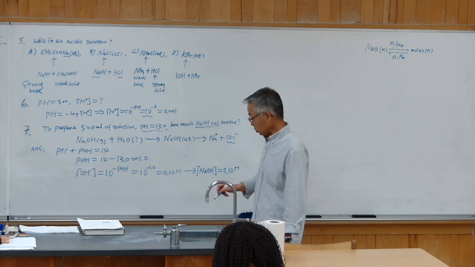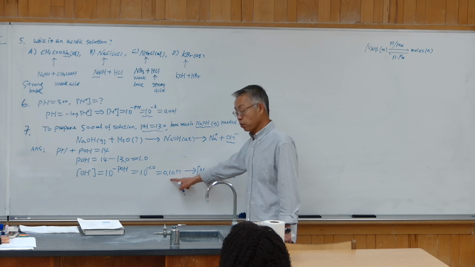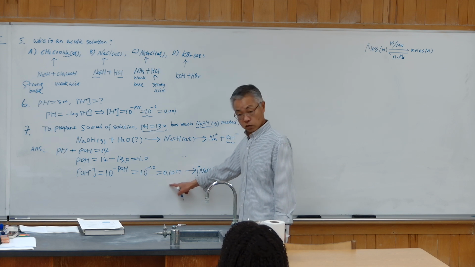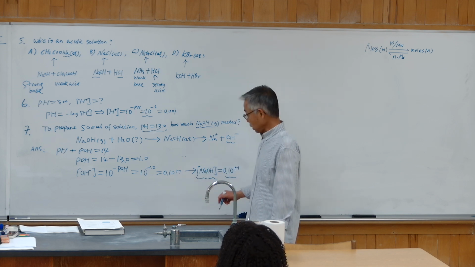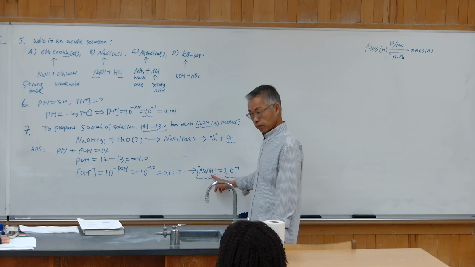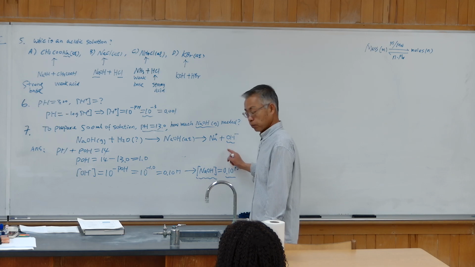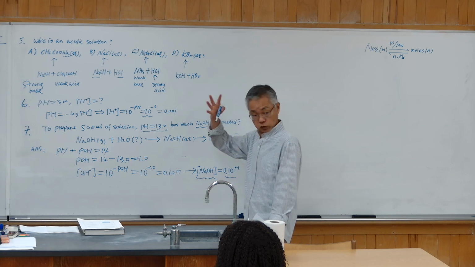Even though I write the NaOH concentration as 0.1, because we want 0.1 molar OH minus, in the solution NaOH doesn't actually exist, because this is a strong base and all of it breaks down into sodium ion and hydroxide. But we do need this form for the calculation.